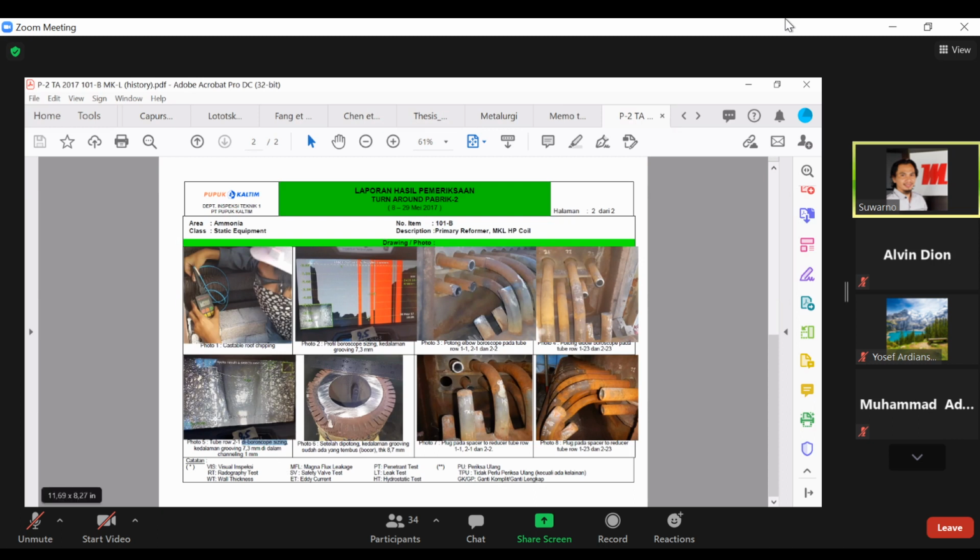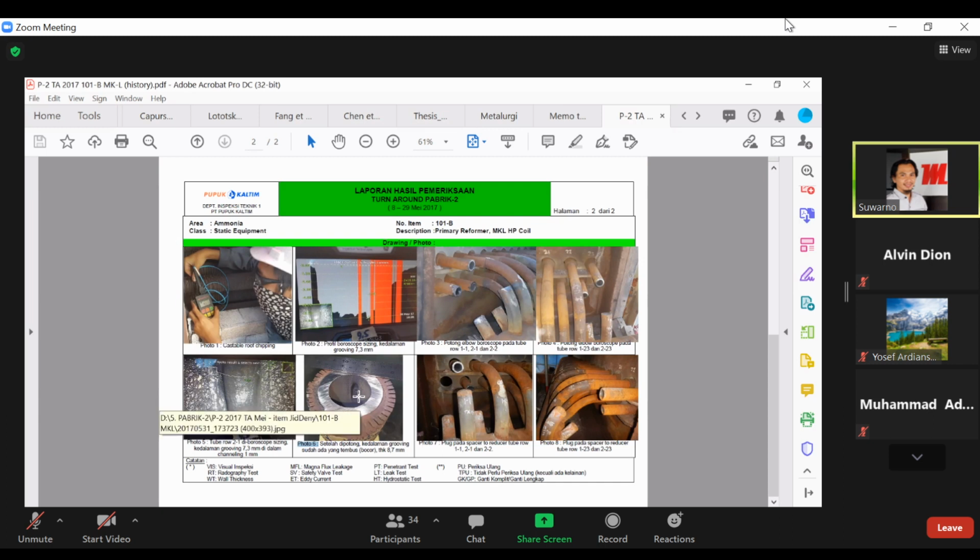Inside the tube, on photo number 6 here, you see that there is a kind of dent. It is visible when you cut it. Before you cut it, you should do this inspection, because you don't know the location. When you already know the location, you cut the tube and observe this kind of defect inside.